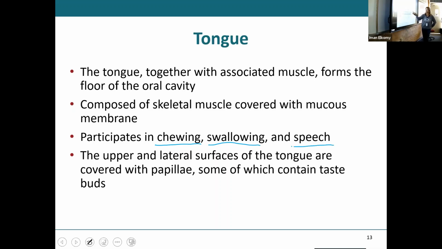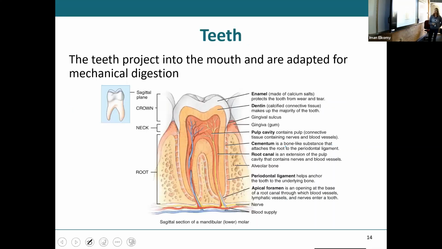And yes, we do use it to talk. On top of all of that, there are places on the tongue that have papillae, which are those bumps, and a certain group of papillae will actually have taste buds, which we already know are the taste receptors.